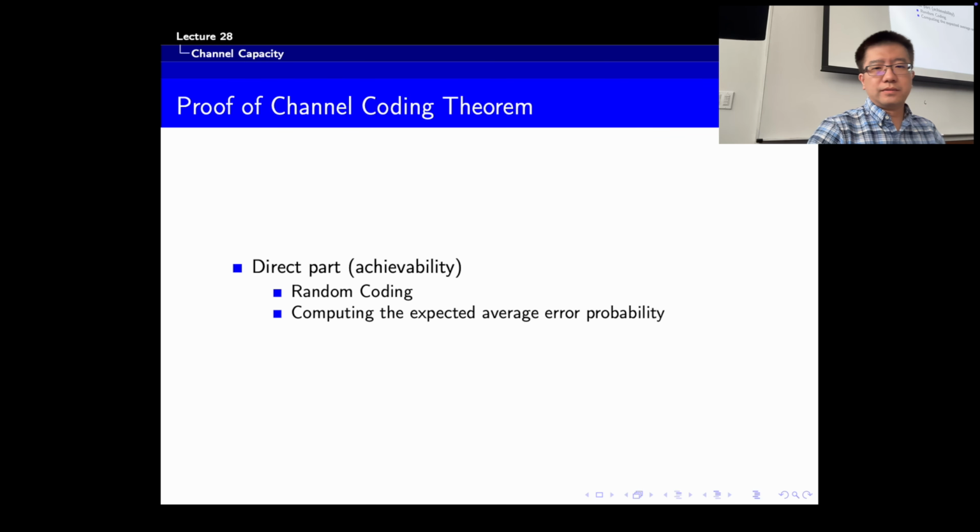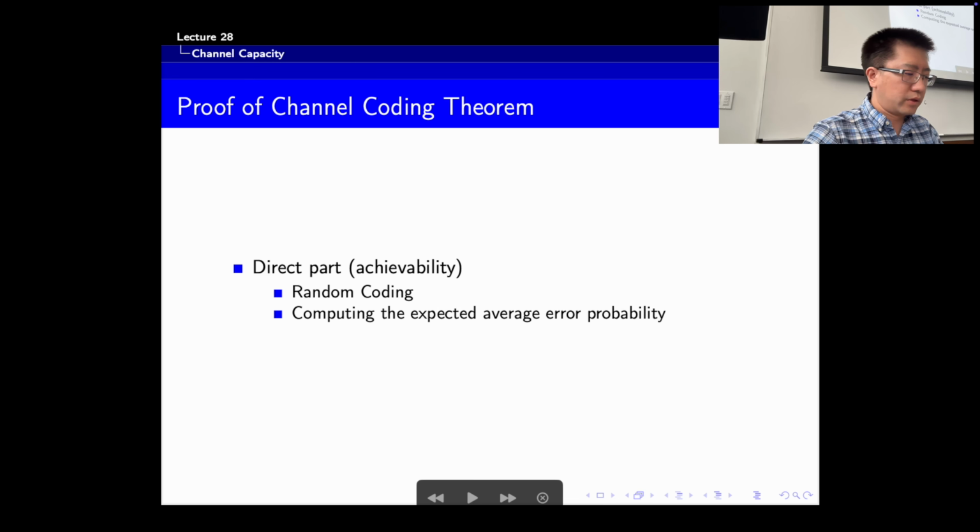In our last lecture, we were trying to prove the channel coding theorem. We'll start from the achievability, or the direct part. We covered the idea of our scheme. Again, we're not really designing a scheme, but showing, by this kind of construction, that a good coding scheme can exist.